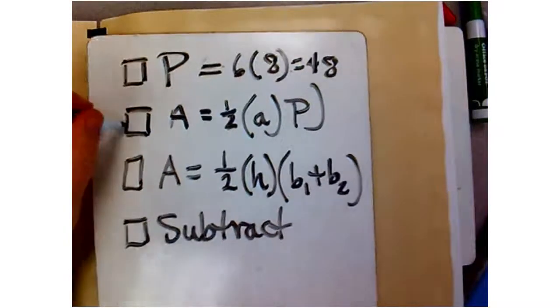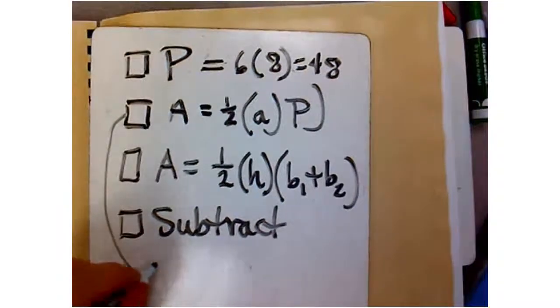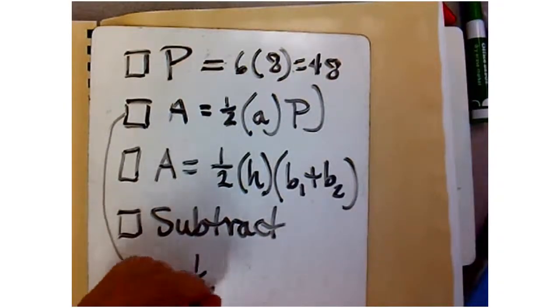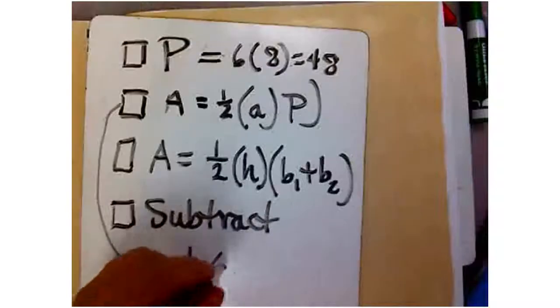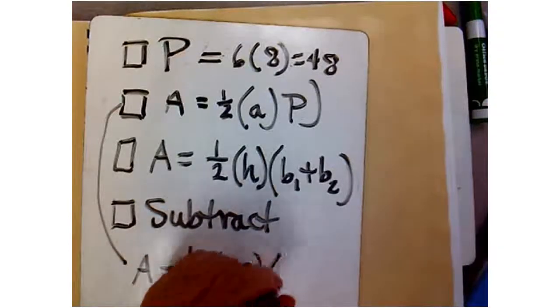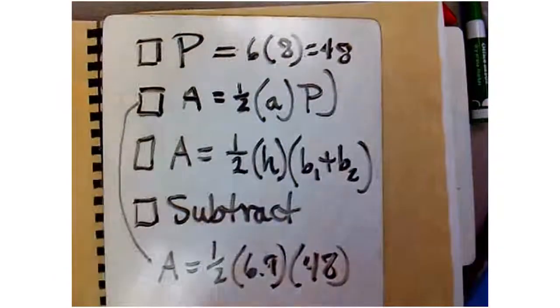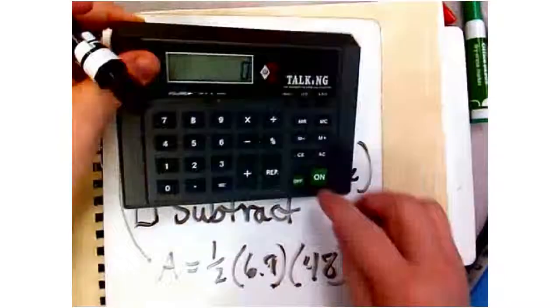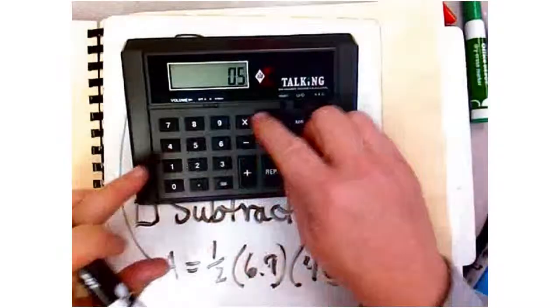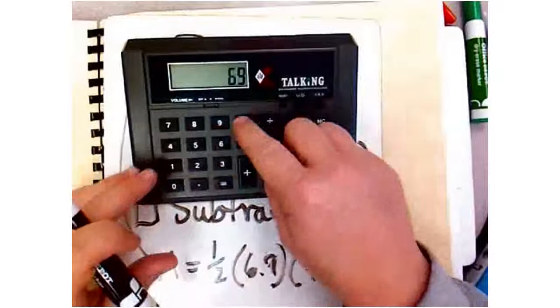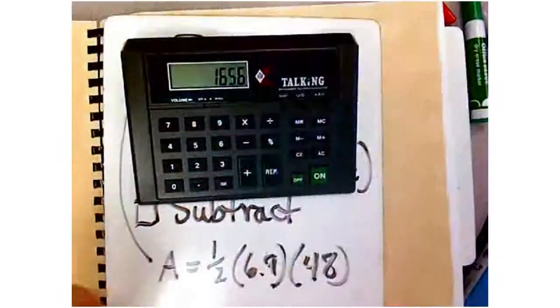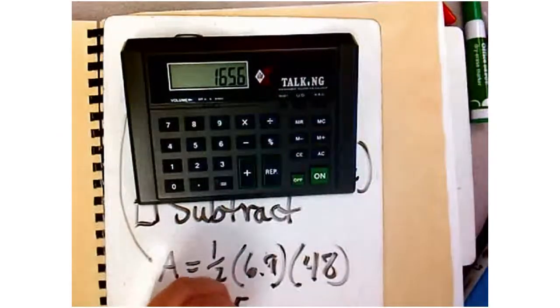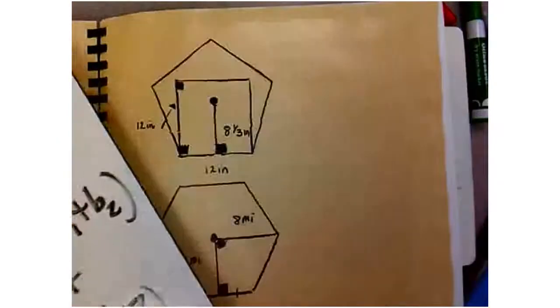Then we do 1/2 the apothem, which is 6.9, times 48. 0.5 times 6.9 times 48 equals 165.6.